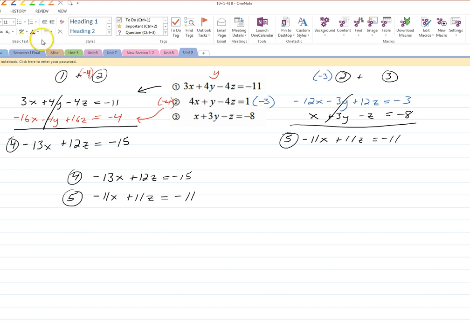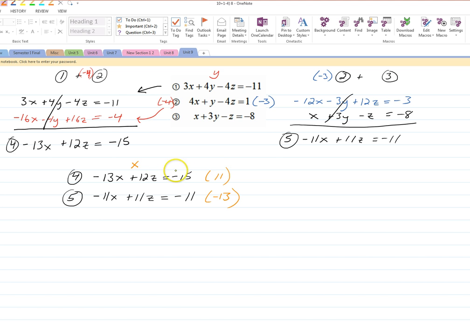Alright, here I'm going to get rid of the x. So I'm just going to multiply the top by 11, the bottom by negative 13. Not nice numbers, but you gotta do what you gotta do.